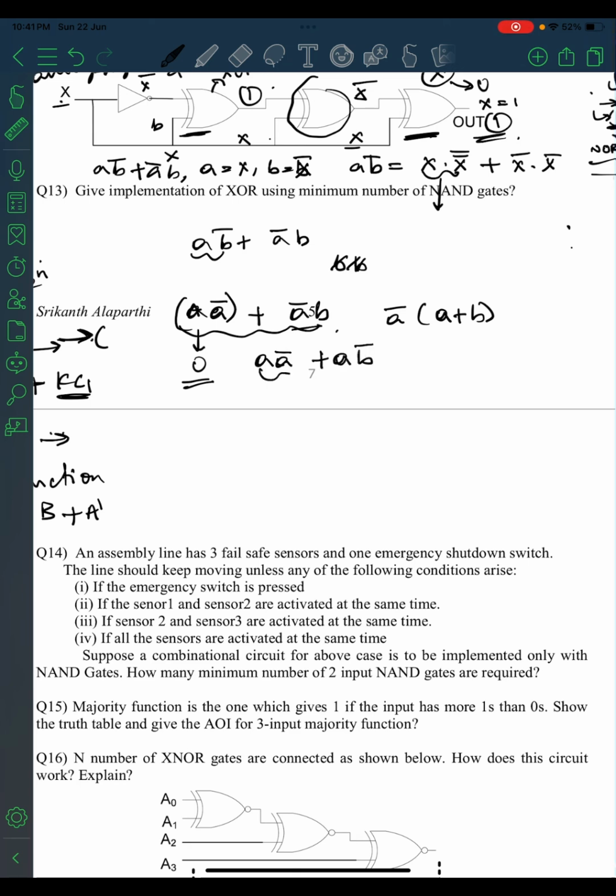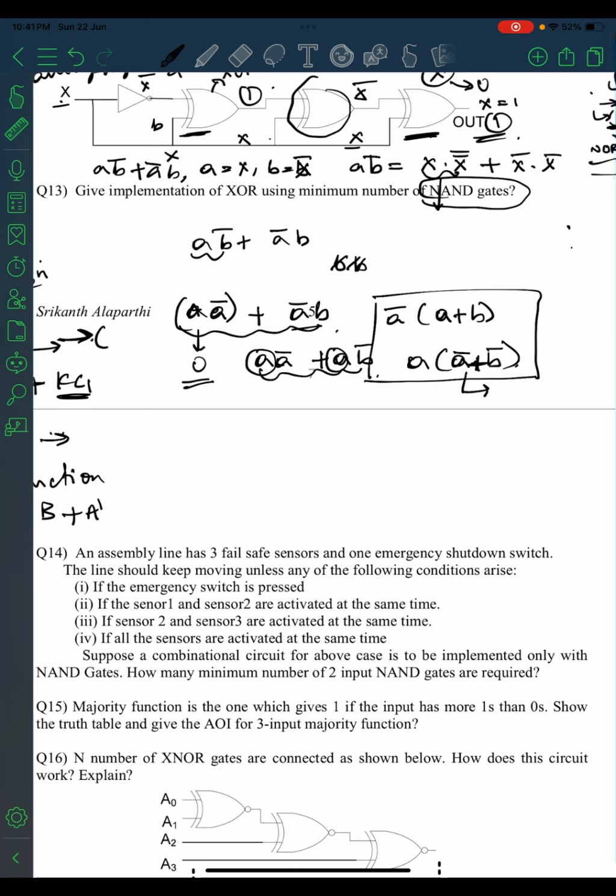In this case, what happens is, if you remove this A, it becomes A into A bar plus B bar. Now what you need is a NAND gate. So these are the two cases. Like if you need to do some extension, will you be able to create this using a NAND gate? Of course, this is not possible because A plus B is an OR, a direct implementation of OR, and this is an A bar.